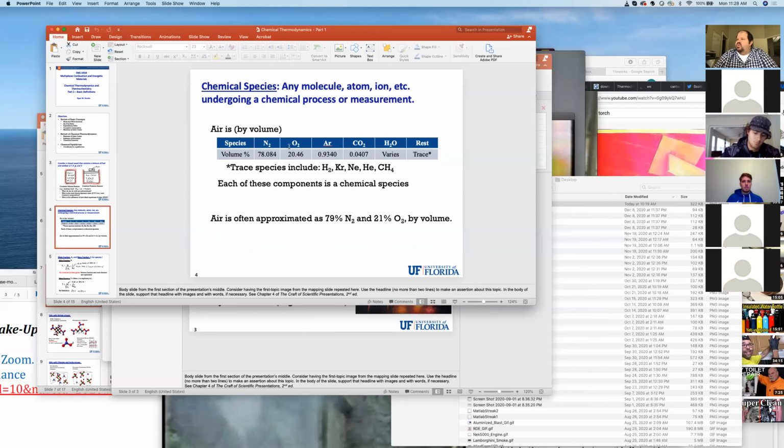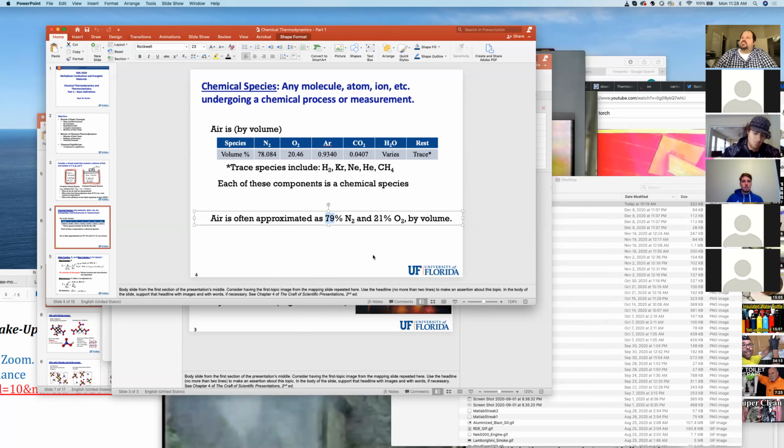Each one of these components is a species. For combustion purposes, we take all of these additional species such as CO2, argon, etc., and lump them in with the nitrogen. We approximate air as a mixture of 79% nitrogen and 21% oxygen by volume.